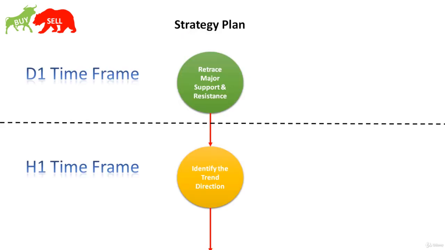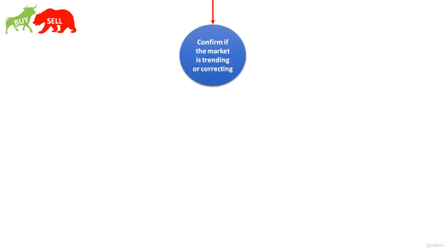So the third thing is you have to confirm if the market is trending or correcting. So let's suppose that the market in the 1 hour is trending up. It's in an uptrend. So you have to confirm whether it is still trending or it's in a correcting phase.